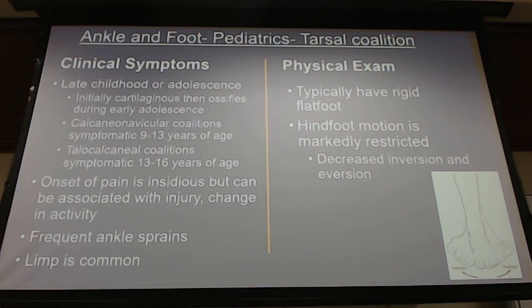If a patient presents at about 9 years old with a calcaneonavicular coalition, is it likely that you're going to see him when he's 15 with a talocalcaneal coalition? When you answer, listen to the question. If you say yes, raise your hand. If you say no, raise your hand.